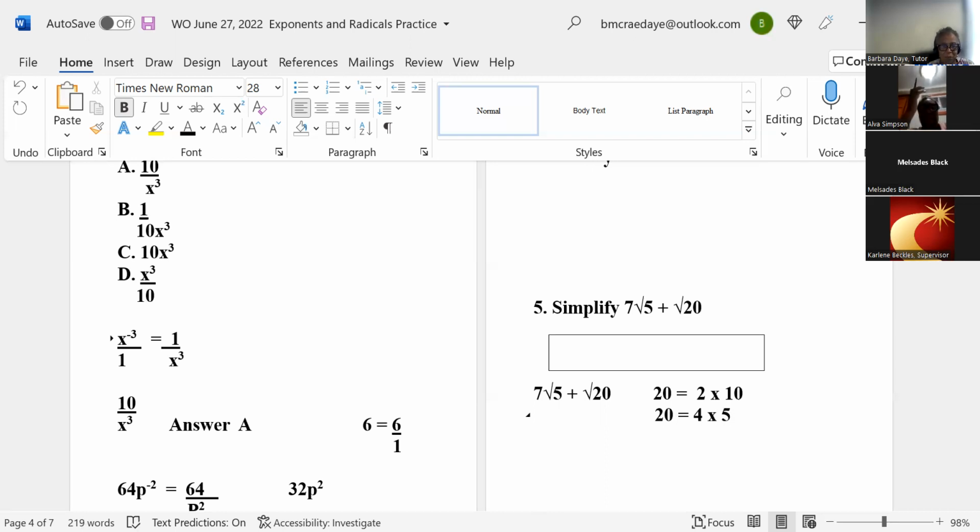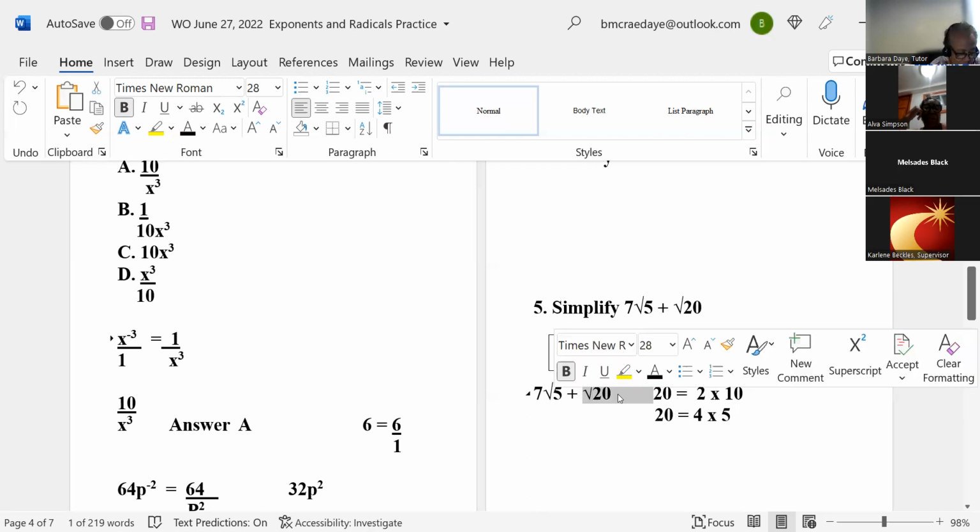Why are those perfect? Because I know 4 you can get by multiplying 2 2s. Very good. 4 is a perfect square root, 2 times 2. So you take the square root of 20 and we can factor that into 2 square roots.